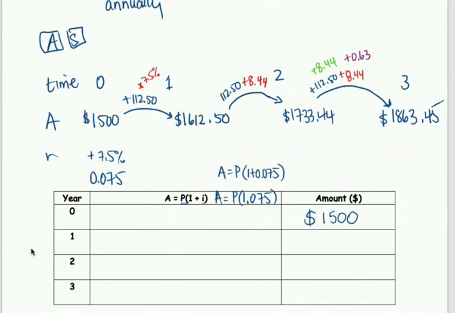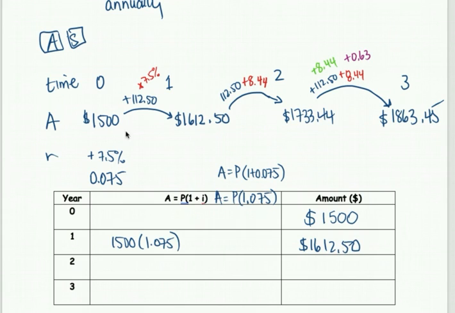So in the next year, we're going to go 1,500 times this number here. So you're going to go 1,500 times 1.075. Okay, so when you do that, you're going to get our first amount after 1 year. Okay, there it is.